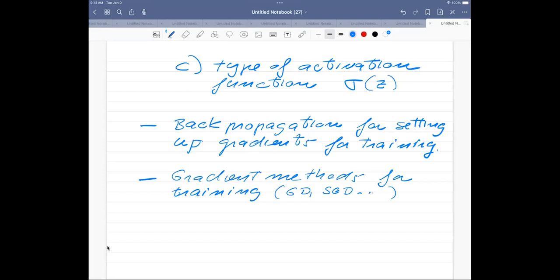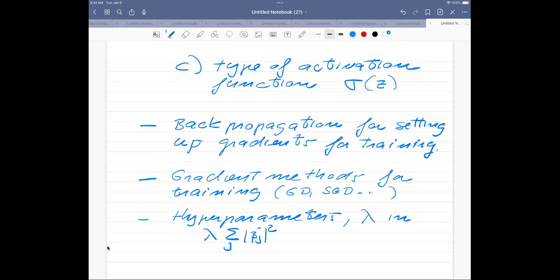And finally, you have all the hyperparameters. And there are tons of them. So this is lambda in a term like lambda times a sum over j of beta j squared, which we have had.